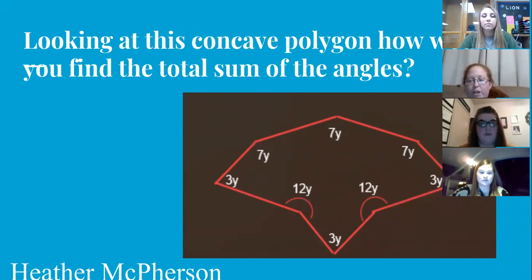So the equation is (n minus 2) times 180 degrees, where n is the variable for the number of sides. So you go 8 minus 2 times 180, which gives you 6 times 180. So the sum of all angles inside this concave polygon equals 1080 degrees. Awesome.